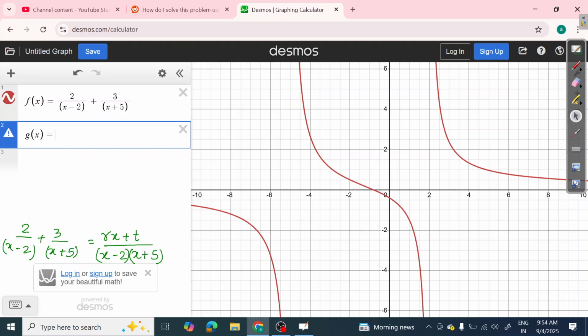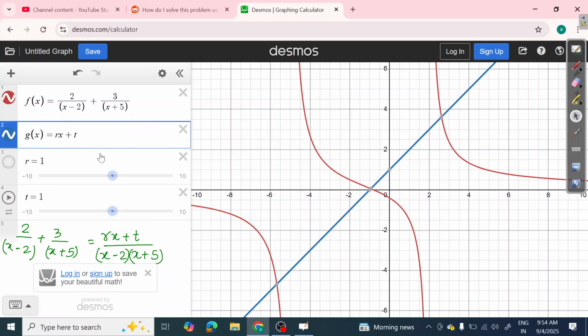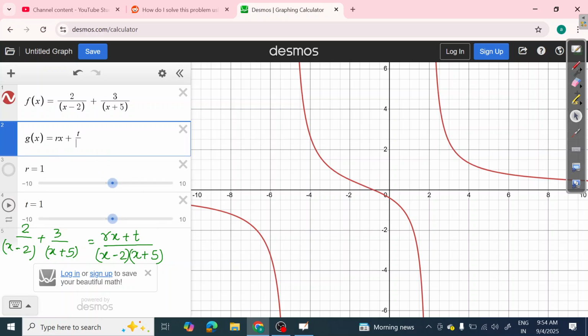R of x, and I'll use sliders for both R and T, divided by.